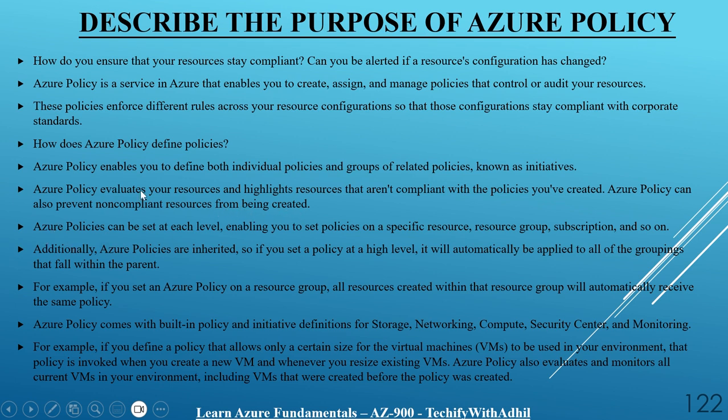If a resource is created in a non-compliant way, it can prevent the creation. And also, if there are existing resources that become non-compliant, it can evaluate and highlight the resources that are non-compliant.